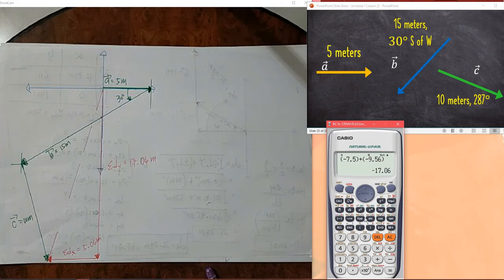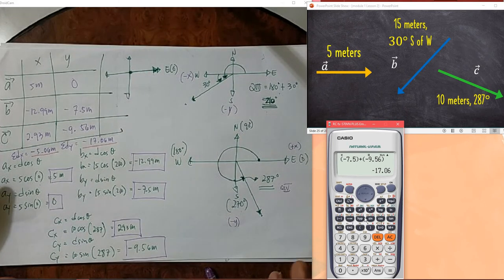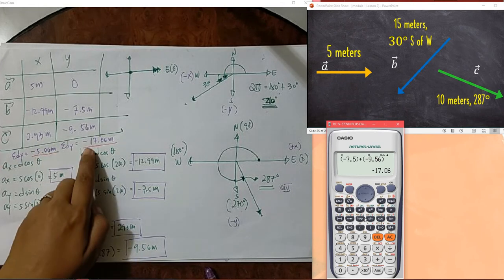There's no need for us to put the negative sign because the arrowhead will tell us that this is directed south and this is directed west. That gives us the direction. In our calculations, since we don't have the arrowheads, we use the positive and negative signs to determine the direction of our vectors. So the negative sign here determines that it goes west, and this one determines that it goes south.